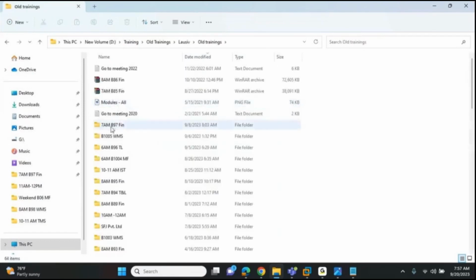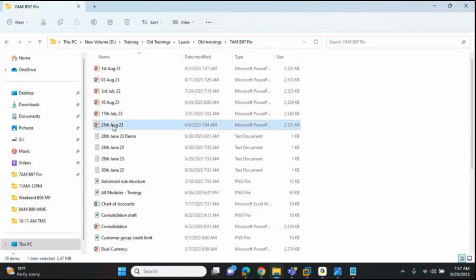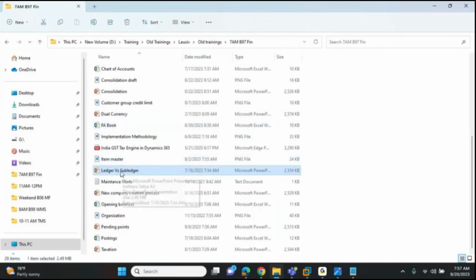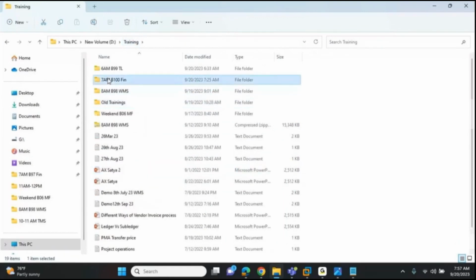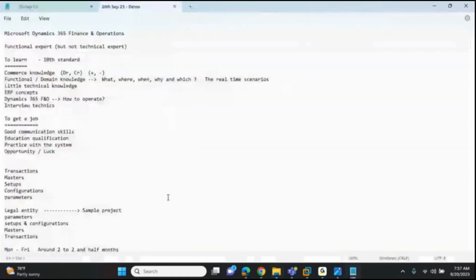I need to explain one topic first, the ledger subledger concept. In the demo I told you about ERP concepts, and one of the functions there is ledger versus subledger.